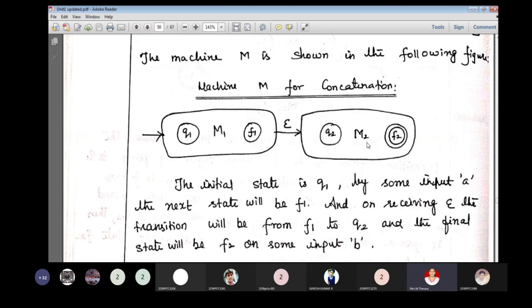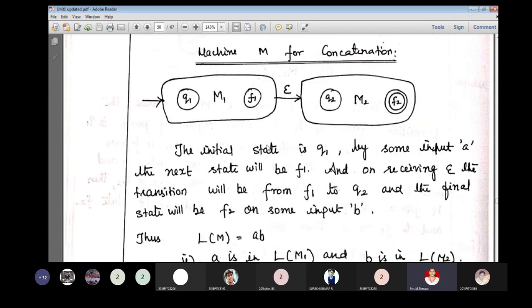So for concatenation, what we are going to do is connect the final state of machine M1, that is F1, with the initial state of machine M2, which is Q2, through epsilon. That's it. This is the new transition we are going to include for making the machine M for the concatenation operation.